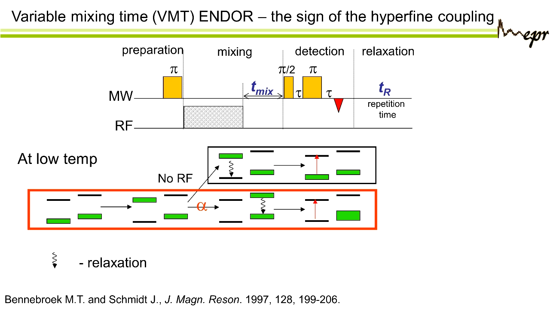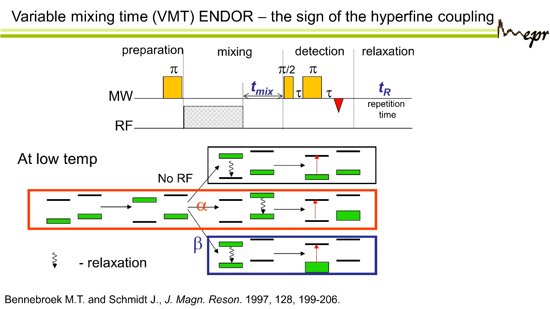Relaxation takes place, but it is on this manifold, and T1n is usually long. So we stick all the population on this end. Now, if we do it on the beta transition, then all the population gets stuck not on the right, but on the left.